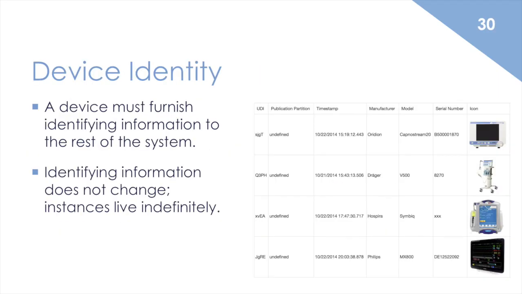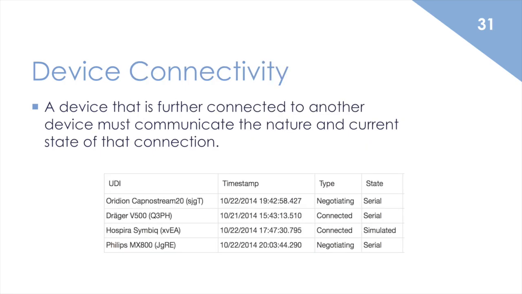The first topic I'll talk about is the device identity topic. This exists because a device must furnish identifying information to the rest of the OpenICE system. This information doesn't change, and therefore the instances are allowed to live indefinitely. Another topic is device connectivity.